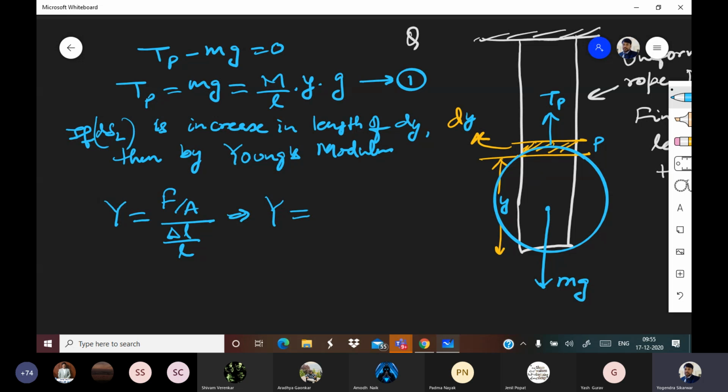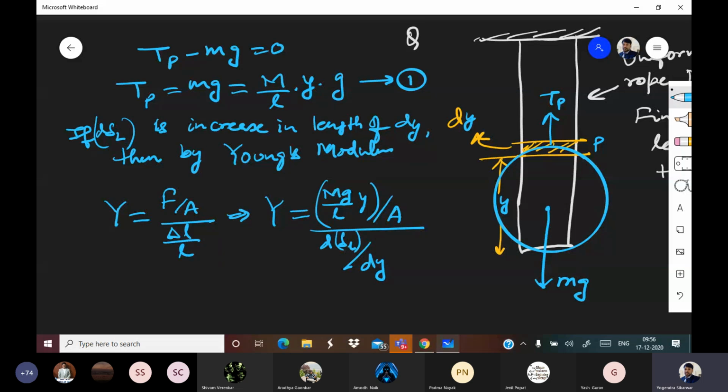F is how much? Small mg. So that will be mg upon Ly, mg upon Ly upon A, upon delta L. So delta L is d of delta L upon L, and L is dy here.